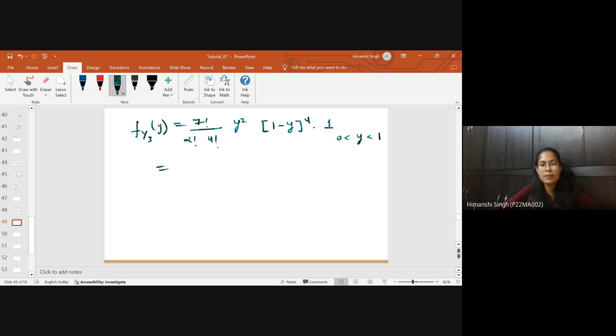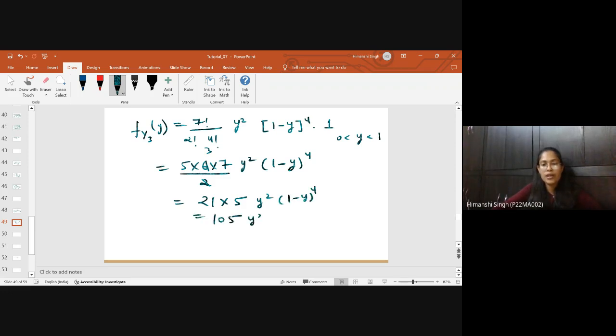Here this is 4 factorial, so if I cut it, it is 5, 6, 7 upon 2, y square into 1 minus y to the power 4, and it will be 21 into 5, y square into 1 minus y to the power 4. So it will be 105 y square into 1 minus y to the power 4.